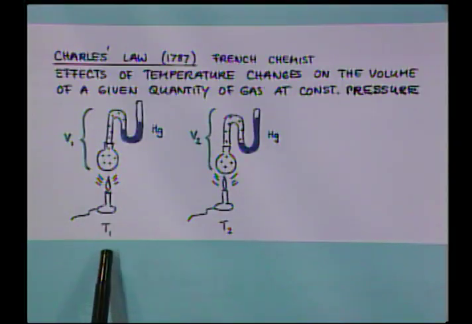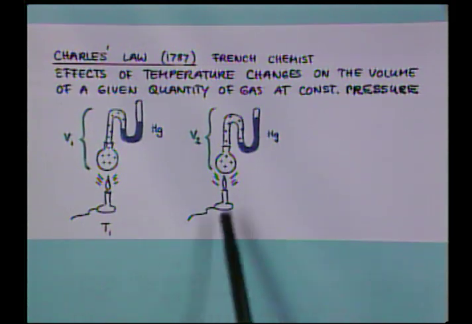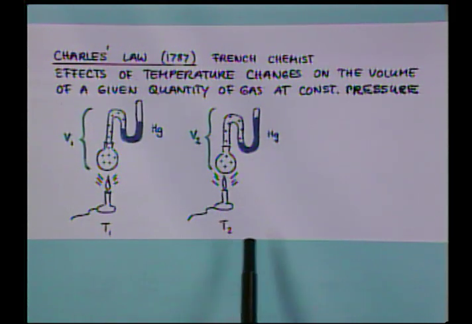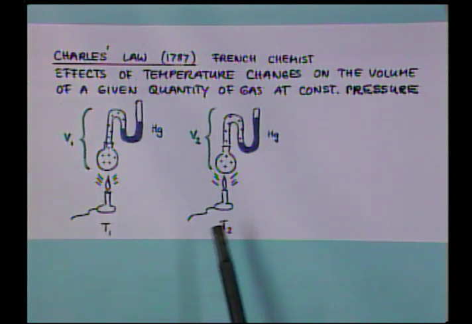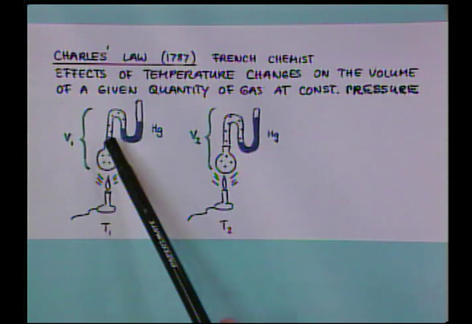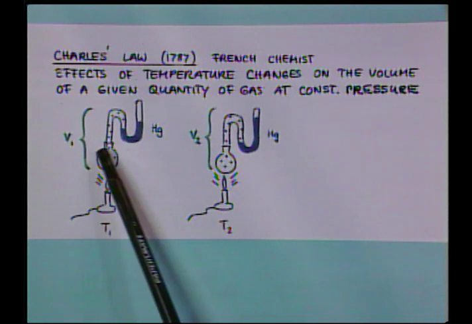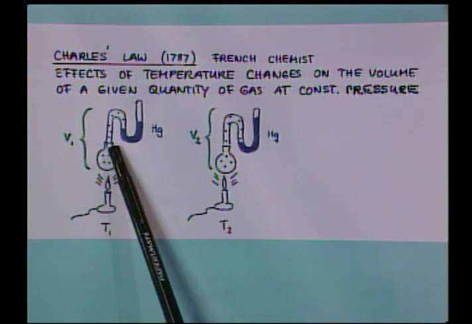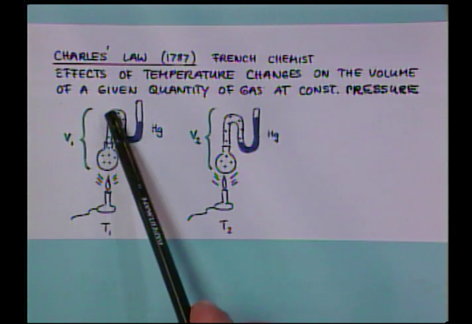Now here we have a little picture of our Bunsen burner with temperature 1, and here we have a similar setup with a Bunsen burner with temperature 2. And let's just imagine that the second temperature is much higher than the first temperature.